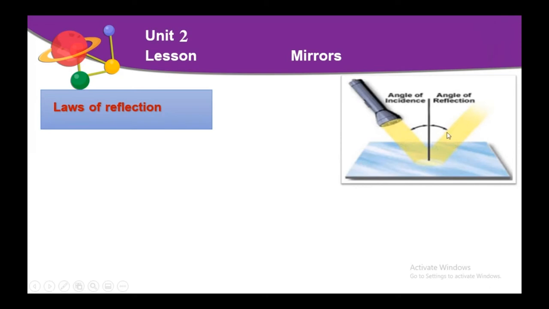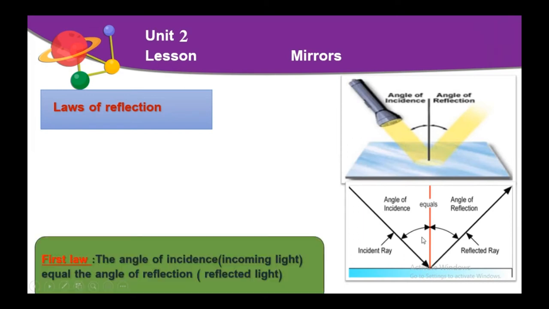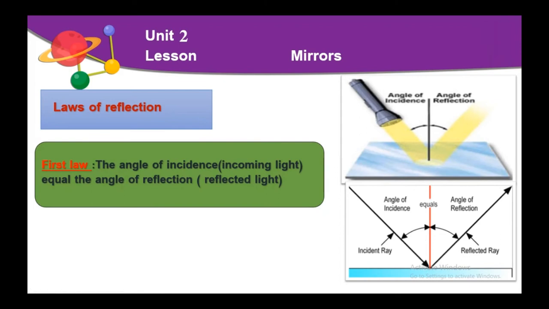What are the laws that control this phenomenon? When the light falls on the reflecting surface, as in the figure, what will happen to the two angles produced from this reflection? Number one, first law of reflection: the angle of incidence equals the angle of reflection.